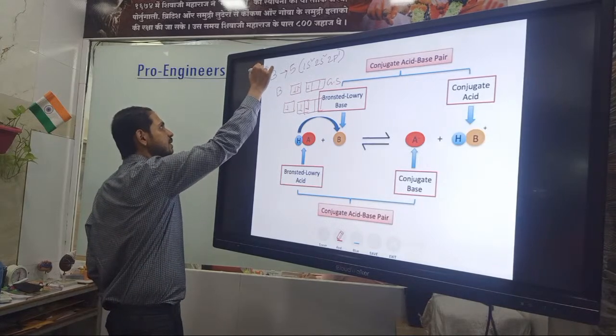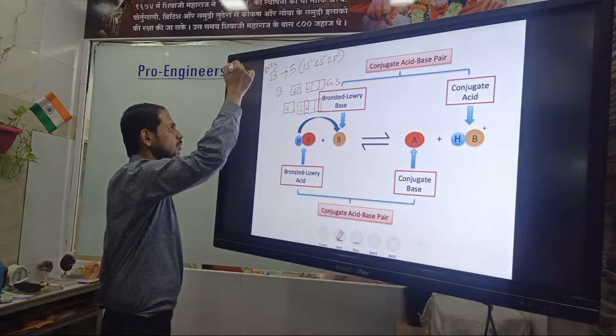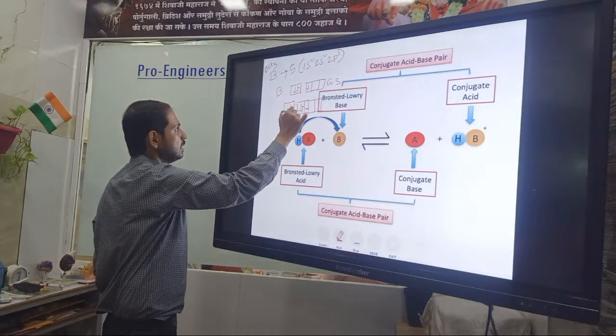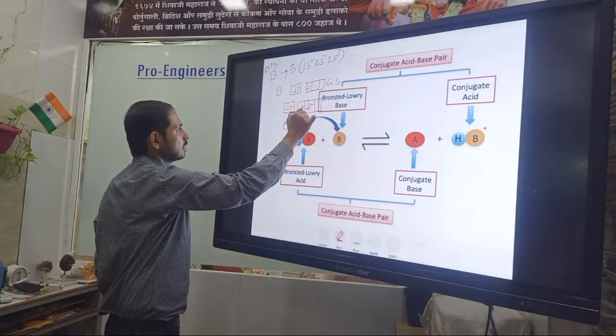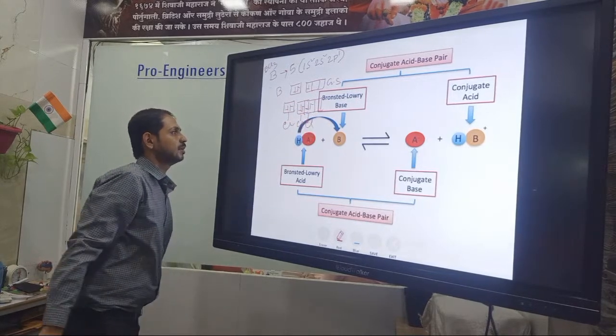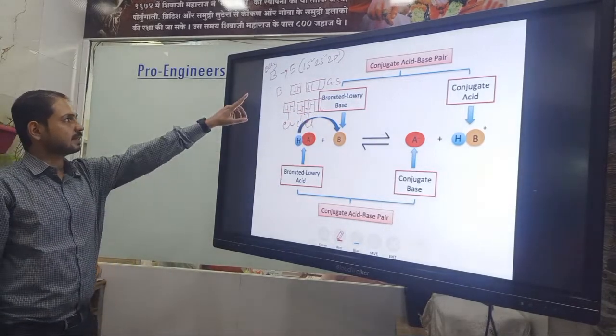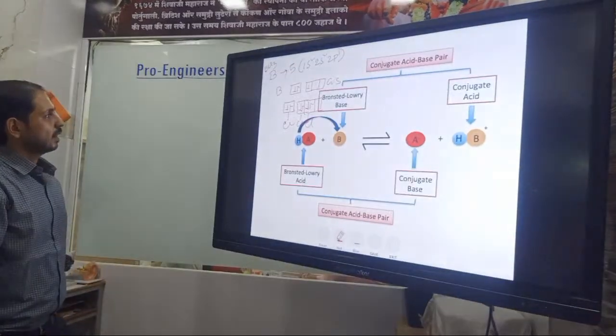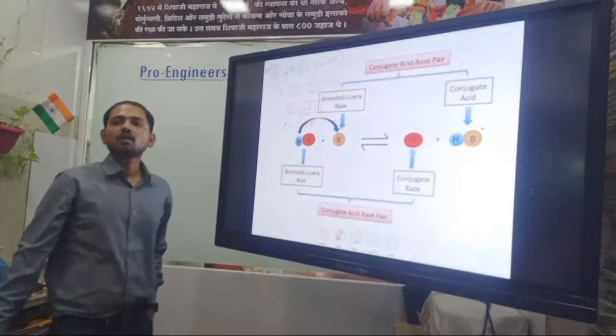Three chlorines are there, and each chlorine will give one electron. If we carefully see the structure of BCl3, it is not fulfilling its octet.